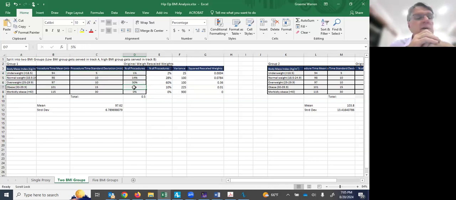Believe it or not, the median patient here is obese. But the idea is to take those folks, assign them to track A, and I recomputed the mean and the standard deviation. So it's a little lower.